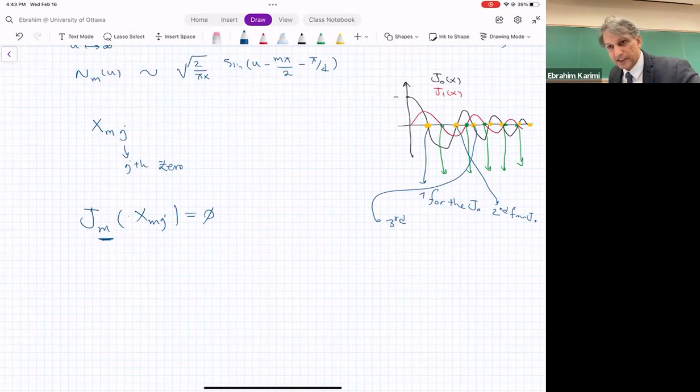All right, is that clear? So Jn of xmj is not zero, because they have a different index.